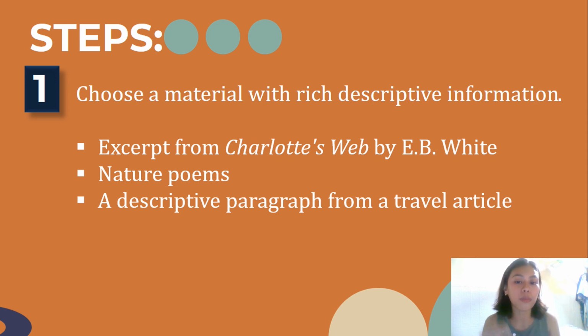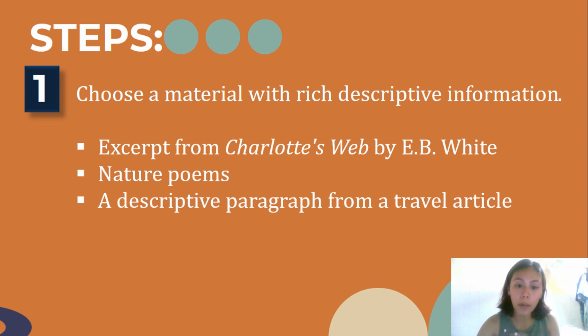And because that will help students easily form mental images. Just like, for example, the excerpt from Charlotte's Web by E.B. White and Nature Poems, and of course a descriptive paragraph from a travel article.